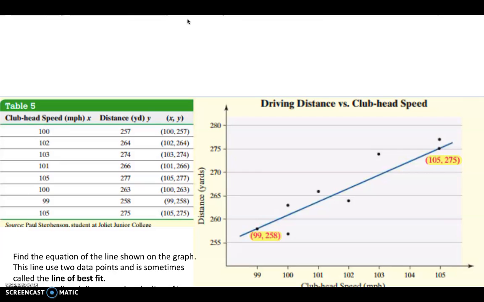If we use those two, we can create a line, and that line is going to be a line of best fit using 2 points, an estimate for the relationship between the club head speed in miles per hour and distance in yards, for all these points that we've gathered.